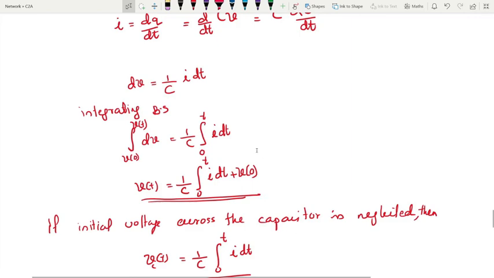If we neglect this initial voltage, then the voltage across the capacitor is 1 by C integral 0 to t I dt.